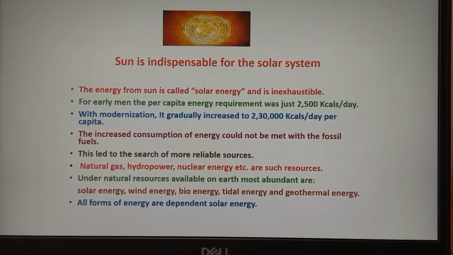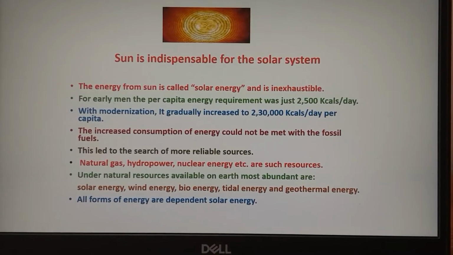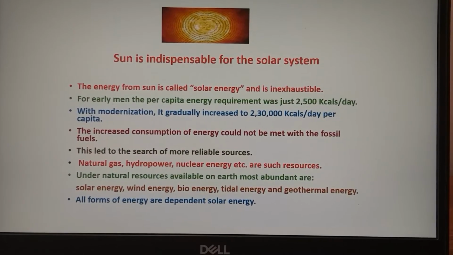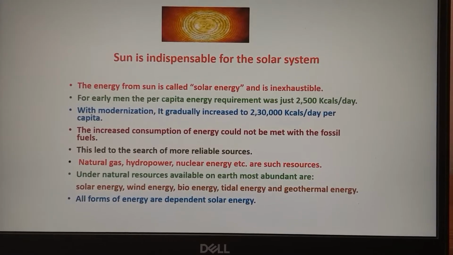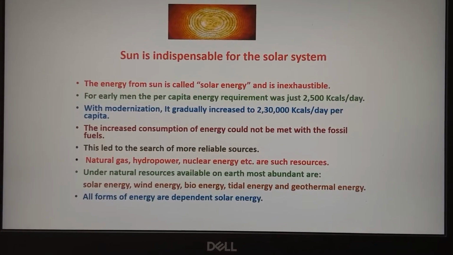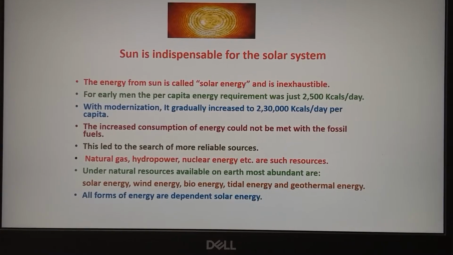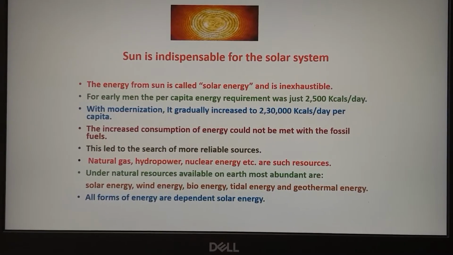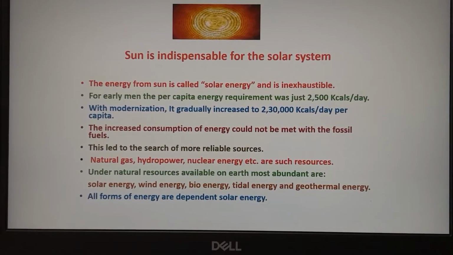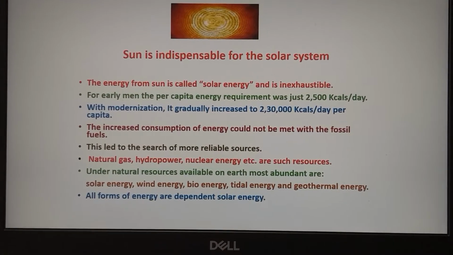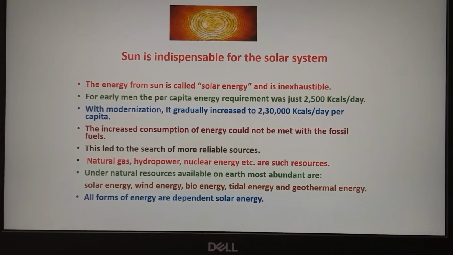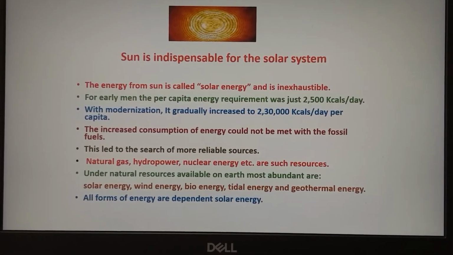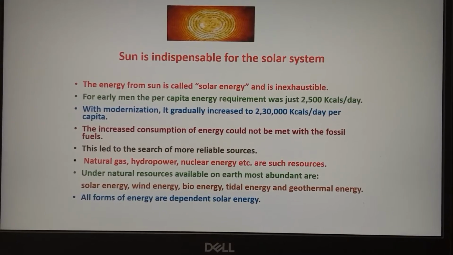This increased consumption of energy could not be met with the fossil fuels such as coal and petroleum. And this has led to the search of more reliable sources like natural gas, hydropower, nuclear energy, etc. Under the natural resources are available the earth's most abundant energy forms, that is solar energy, wind energy, bioenergy, tidal and geothermal energies.